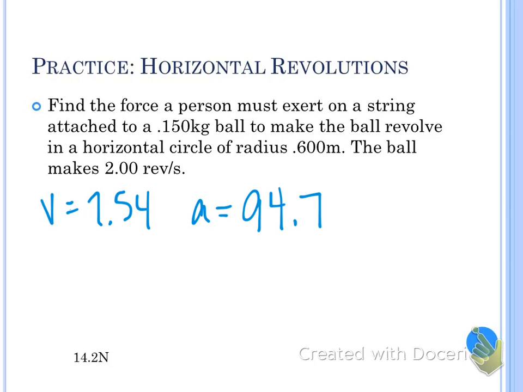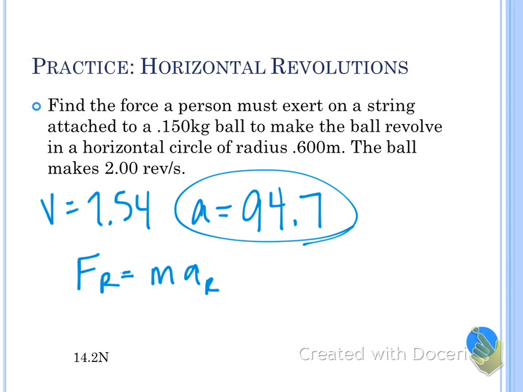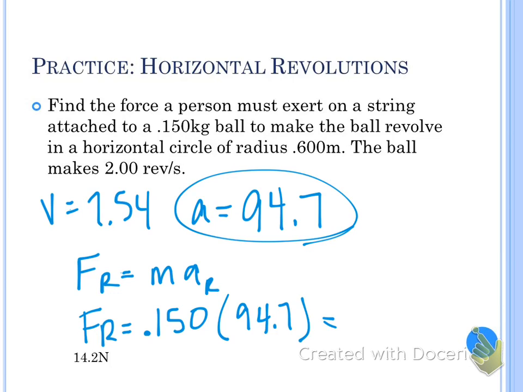We don't necessarily need both of them, but we know that Fr is equal to mass times a, and we already have a, so we might as well use that one. To find my centripetal force, I take mass, which is 0.150, times 94.7, which gives 14.2 newtons.